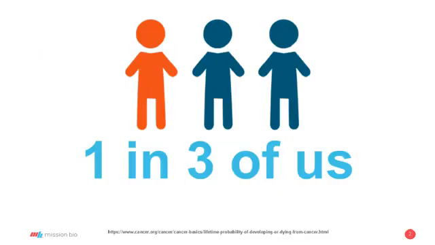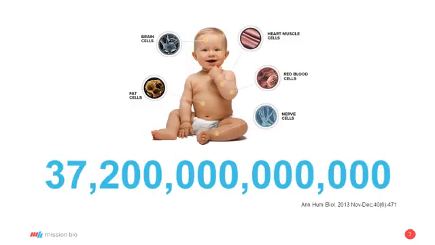So let me get started here. Just to put this into context for us, we really focus on cancer research, and 1 in 3 of us will be affected by cancer sometime in our life. This is a really personal disease. This is a really global problem that we have to deal with, and it's a big challenge. Cancer isn't a single disease. It can happen in any of our 37 trillion cells.